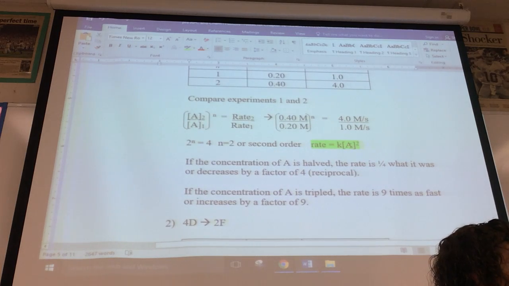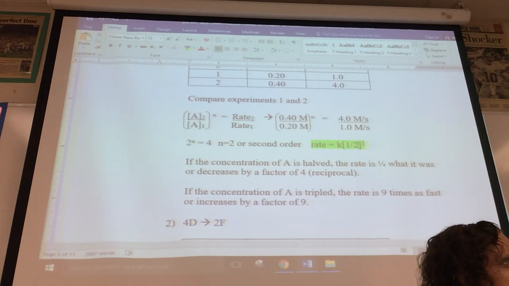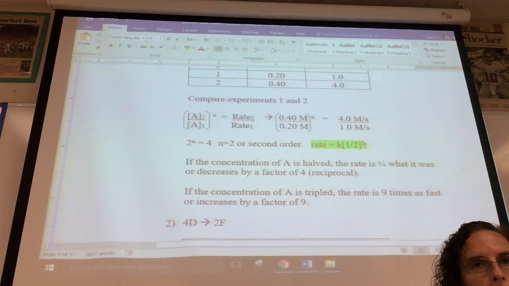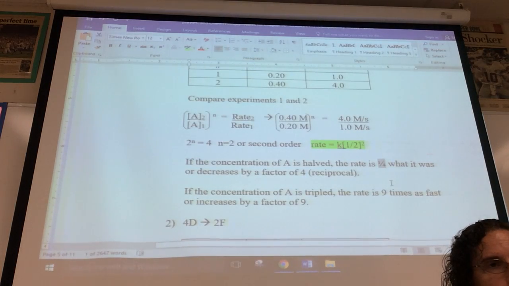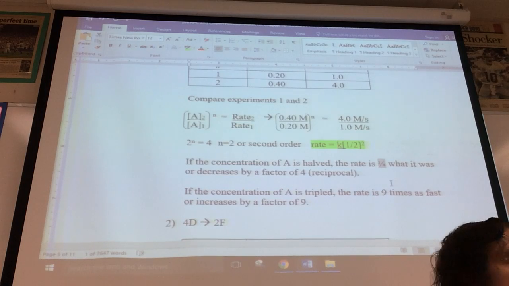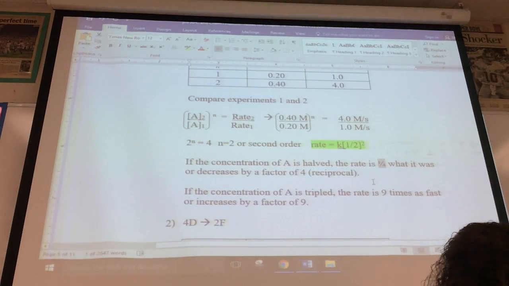If the concentration of A is halved, if you put a half here, what's 1/2 squared? 1/4. So this number is less than 1. Does the rate increase or decrease? Decreases by a factor of the reciprocal, which is 4. And that's what's written there.